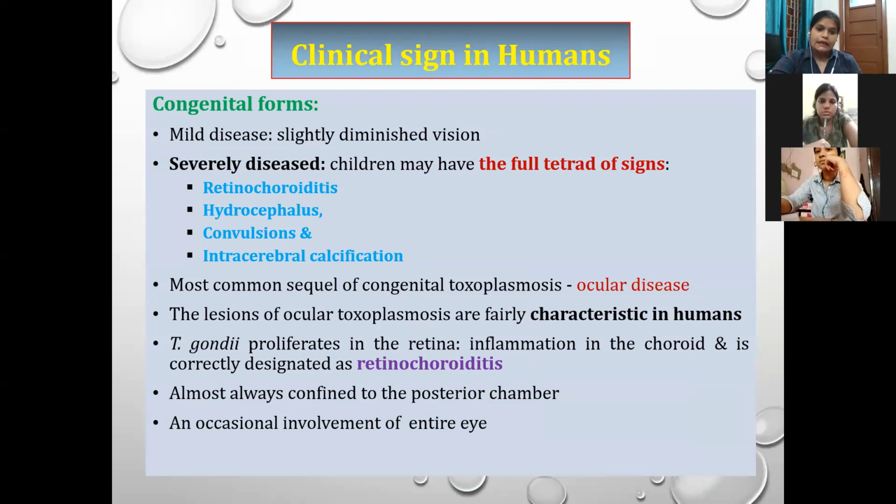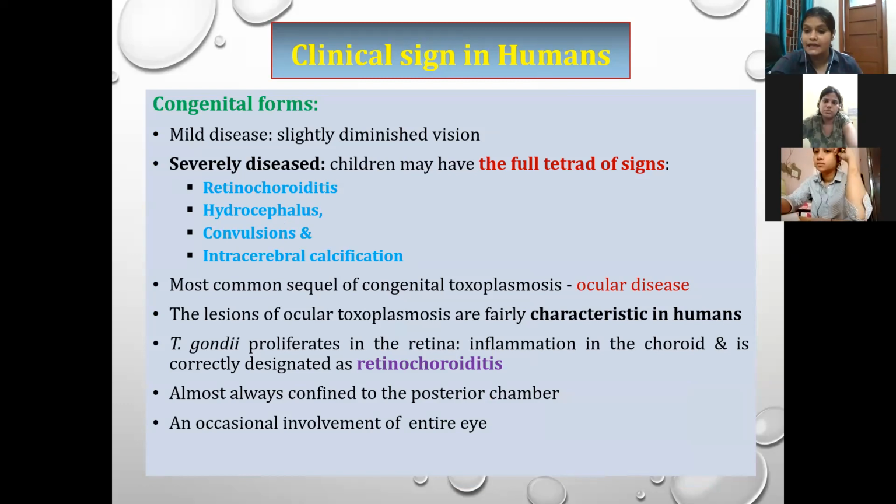So here the congenital form includes the following signs like retinochoroiditis, means inflammation in the eyes, the retina or choroid layer of the eyes. And in the fetus, it may develop hydrocephalus or convulsion or intracerebral calcification.